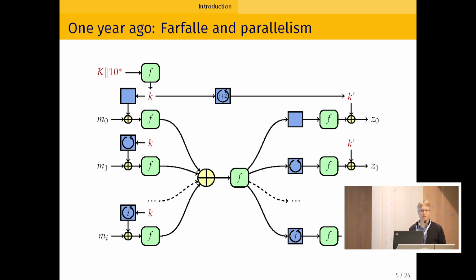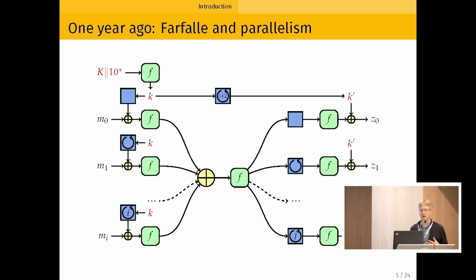Last year we proposed an instance of Farfalle using the Keccak permutation with 1600 bits, and the result was called Kravatte. Well, 1600 bits, that's a bit too much for low-end devices. So one option would be to go, for instance, to Keccak-p 400, but Keccak-p 400 uses 16-bit lanes, which is not very convenient on 32-bit platforms.